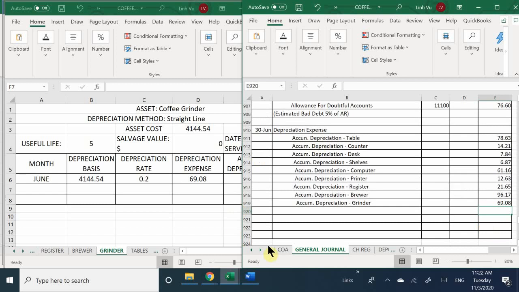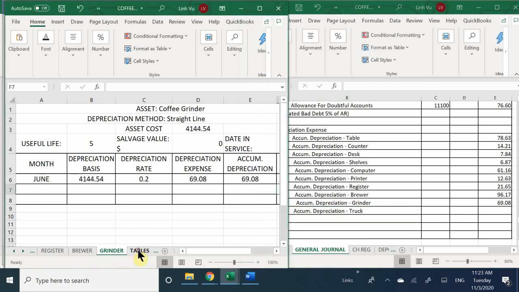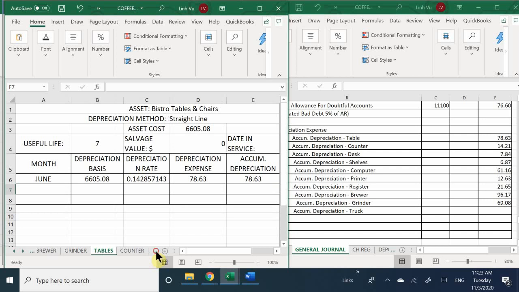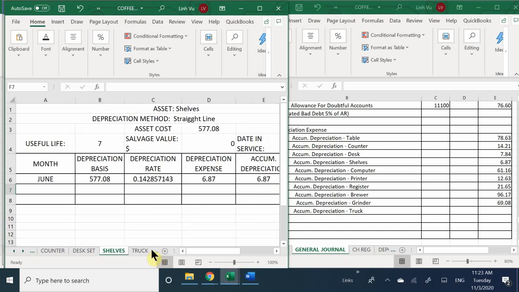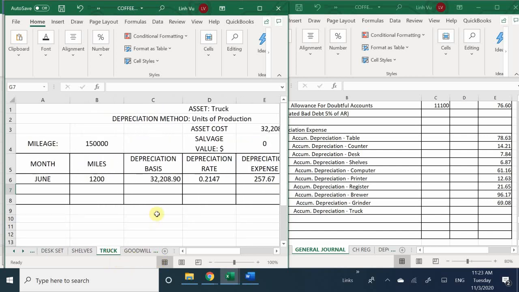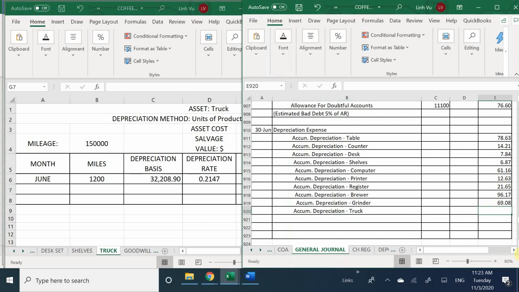And then lastly, we have our truck. How much was my truck for? 257.67.